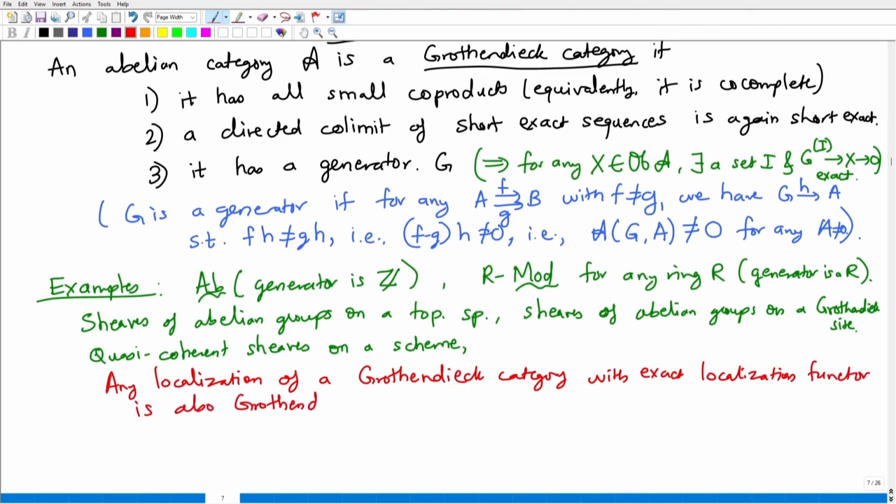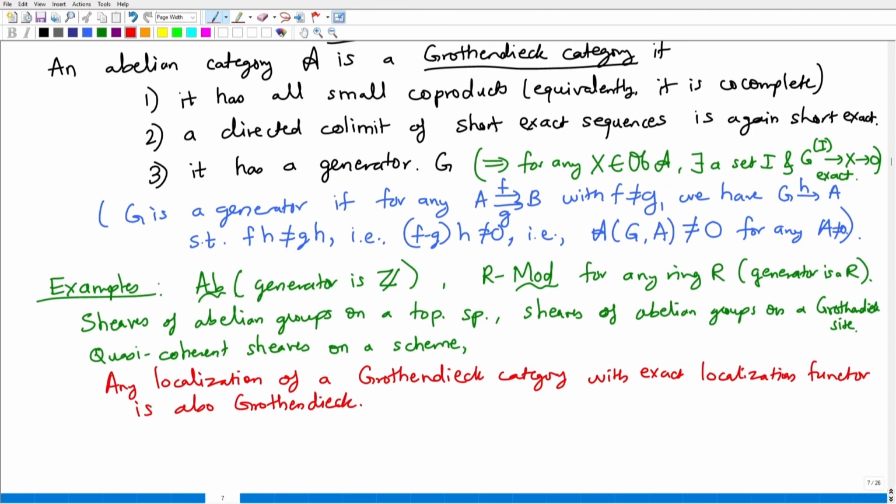So I am trying to give you some way of creating more Grothendieck categories. But of course, I haven't defined the meaning of localization. So that's going to be our next topic.